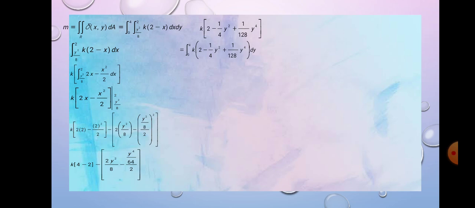So the integral from 0 to 4 of k times the quantity 2 minus 1/4 y squared plus 1 over 128 y to the power of 4 dy.